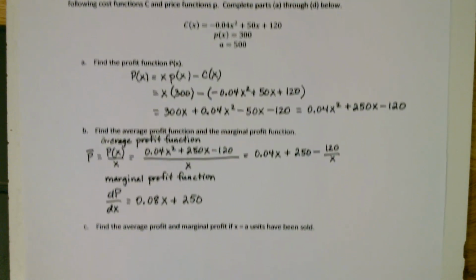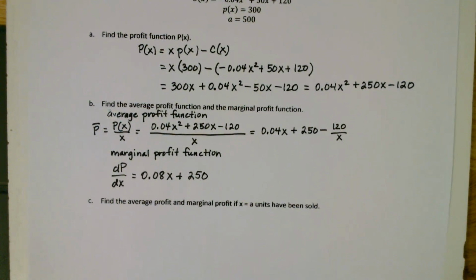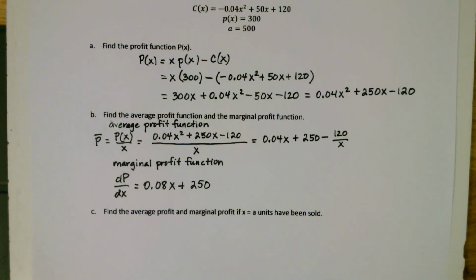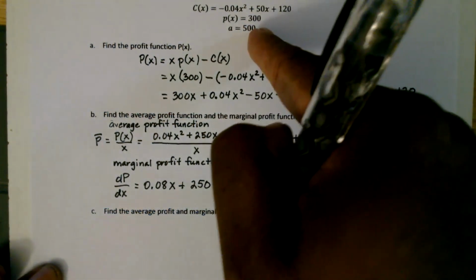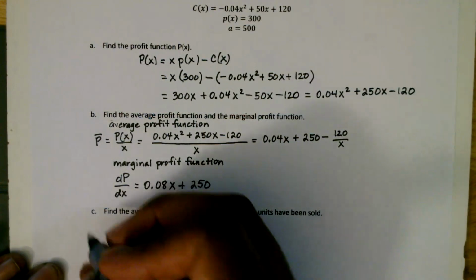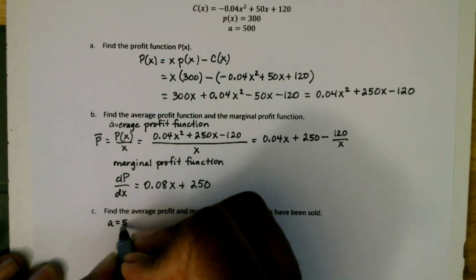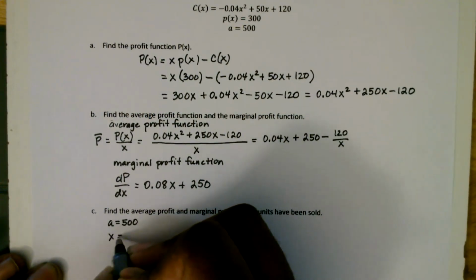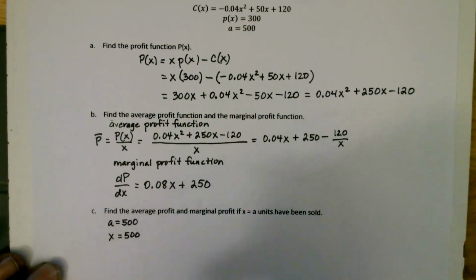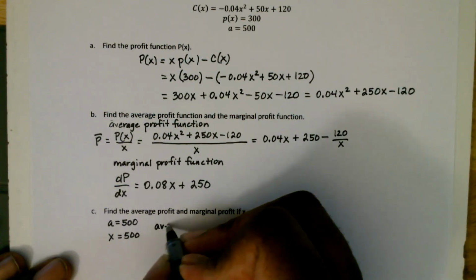Now let's answer part C. Find the average profit and marginal profit if X equals A units have been sold. Well, A in this case is the 500. So that means X will be equal to 500 since X is equal to A. Now let's find the average profit.